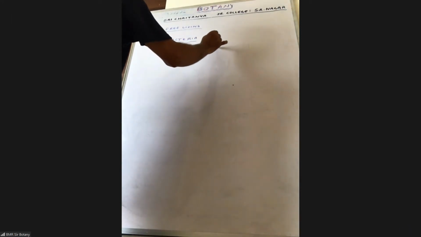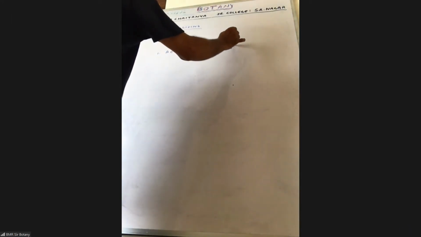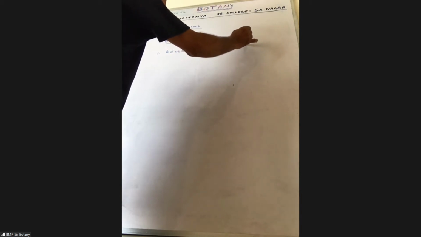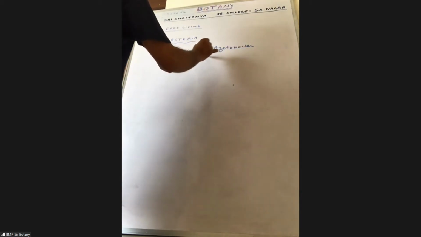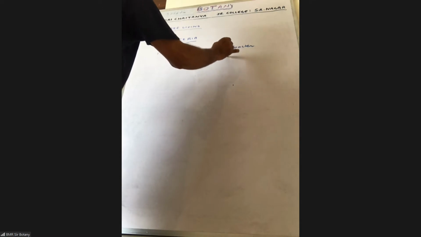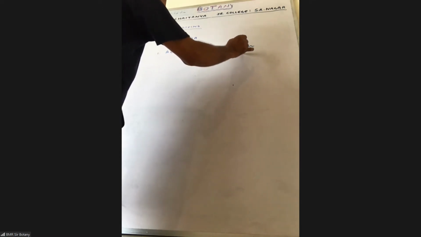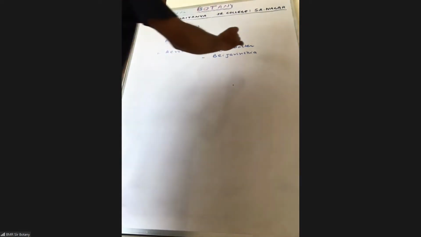One we wrote was Azotobacter. That was aerobic, right? Aerobic, free living, we wrote one, Azotobacter. What was the second example? Check the list once, all of you. Beijerinckia, isn't it?